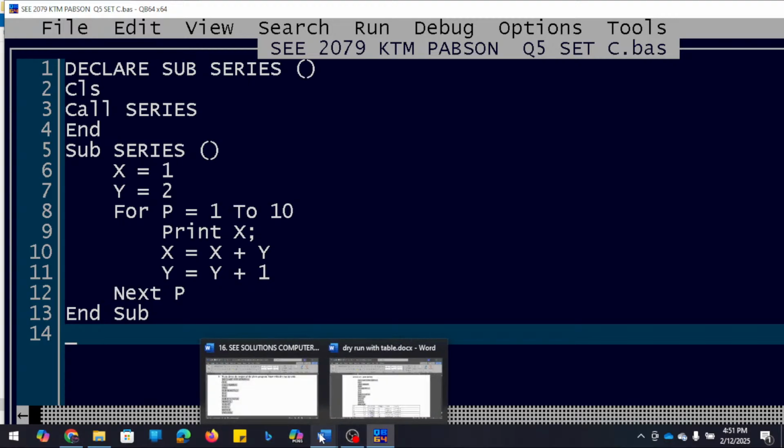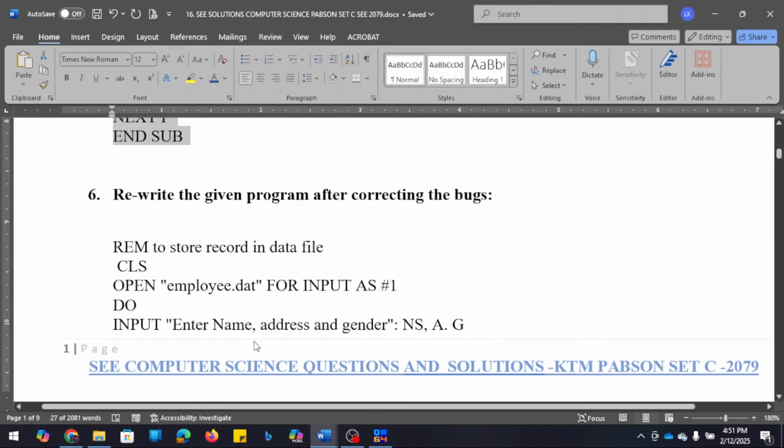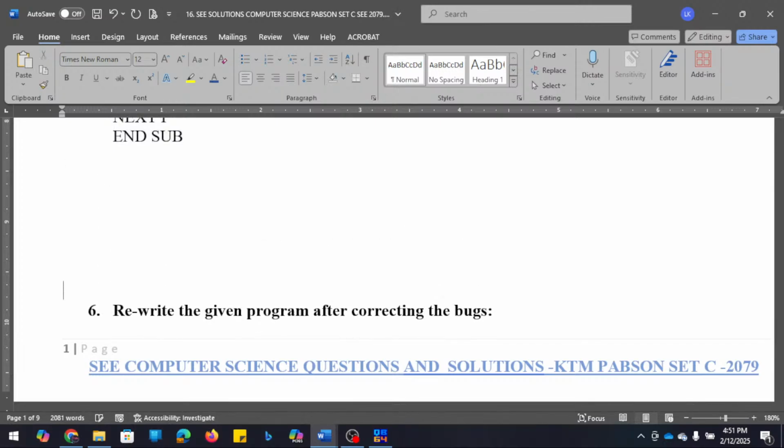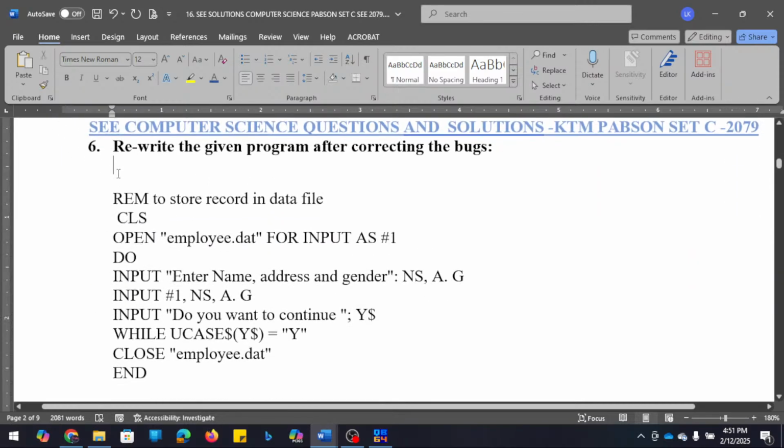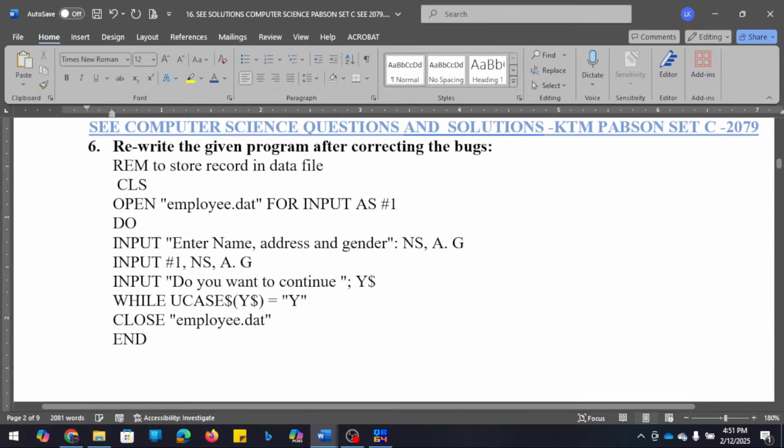Now let's go for the next question. Sixth number is finding the bugs. So what are the bugs here? Let's say: store record in a data file, CLS, open for input.